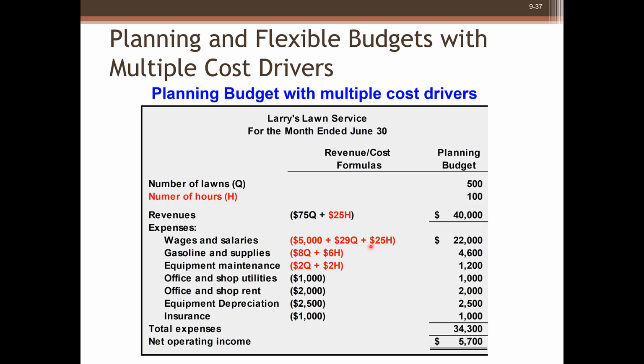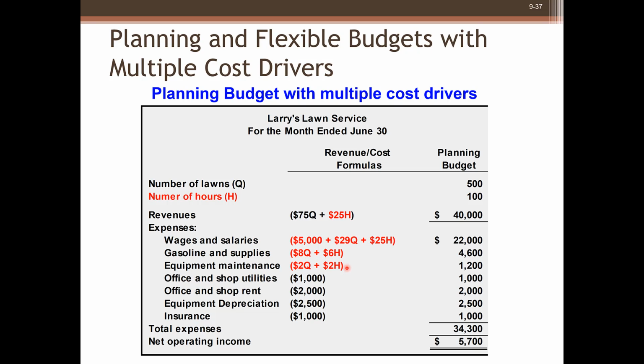For expenses, the new cost formula for wages and salaries is $5,000 plus $29 per lawn plus $25 per hour. Gasoline and supplies, $8 per lawn plus $6 per hour.